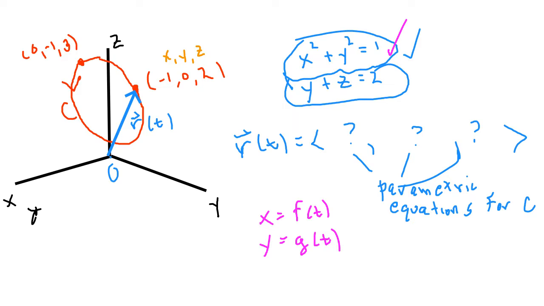If you were to take that oval and slam it down into the xy plane, if you were to take the space curve and project it down into the xy plane, what would you get?